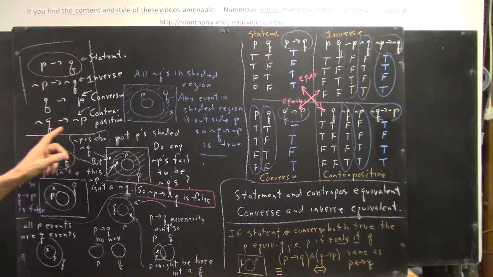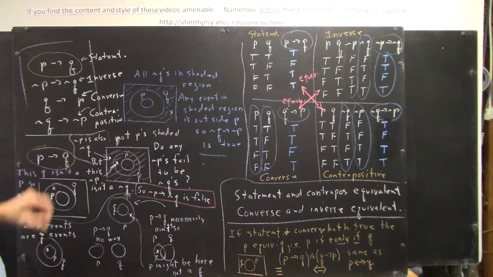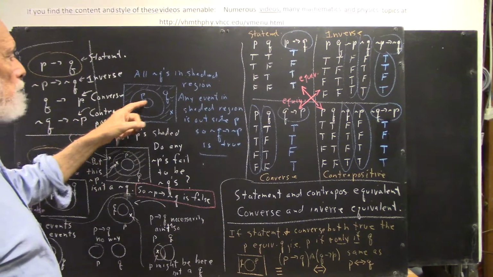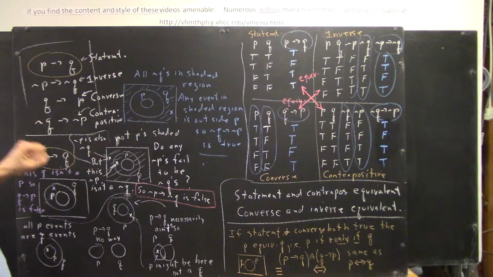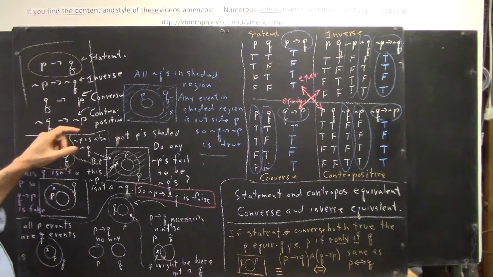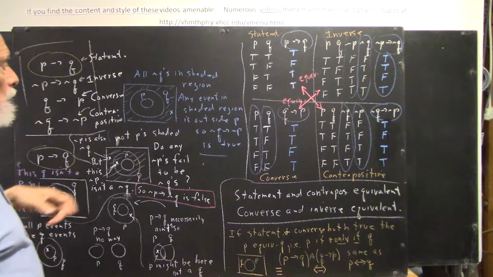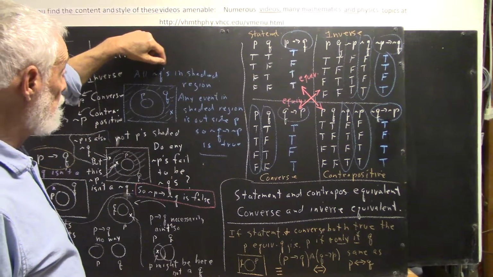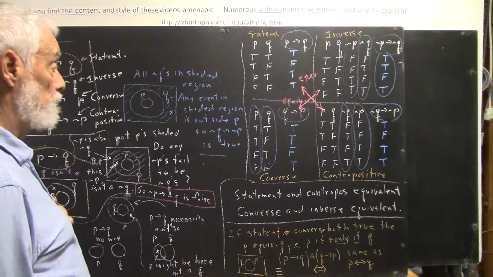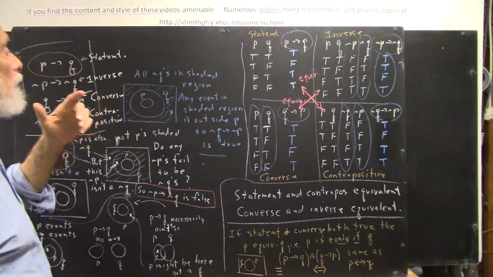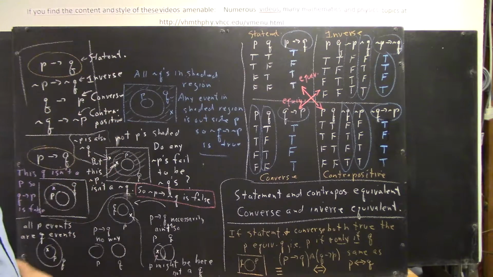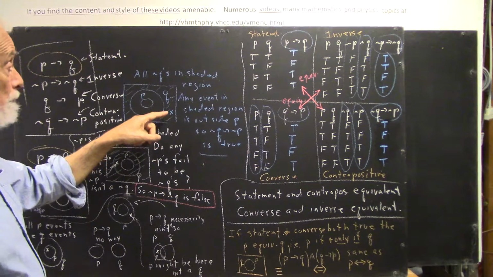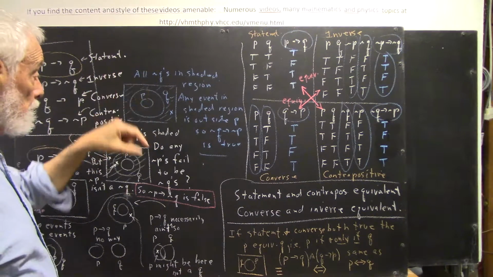Now let's consider the contrapositive, if not Q, then not P. Here we have again, if P then Q. We want to see if it's also true that if not Q, then not P. I've shaded the region corresponding to not Q. All the not Q's have to be in this shaded region, so any not Q event that I might choose has to be somewhere in this shaded region. So here's one, and we could choose not Q's anywhere in the shaded region.